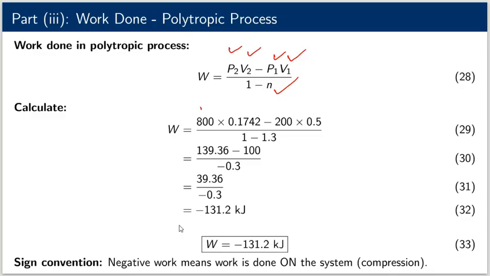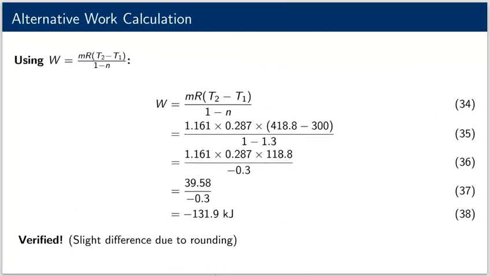We can calculate W as minus 131.2 kilojoule. Here we are getting negative work, which means work is done on the system, which means compression. So work done we got is minus 131.2 kilojoule.